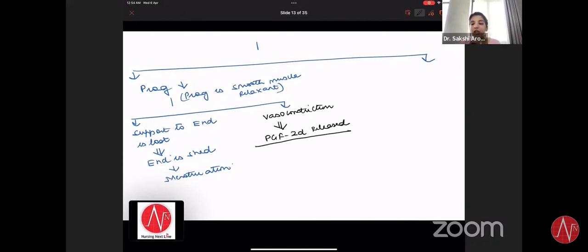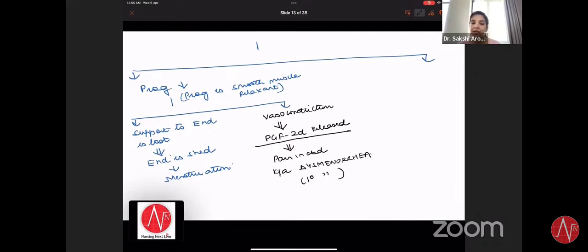And इस PGF2 alpha की वजह से there will be pain in abdomen, which is called as dysmenorrhea. So pain at the time of menstruation is called as dysmenorrhea. This is primary dysmenorrhea.